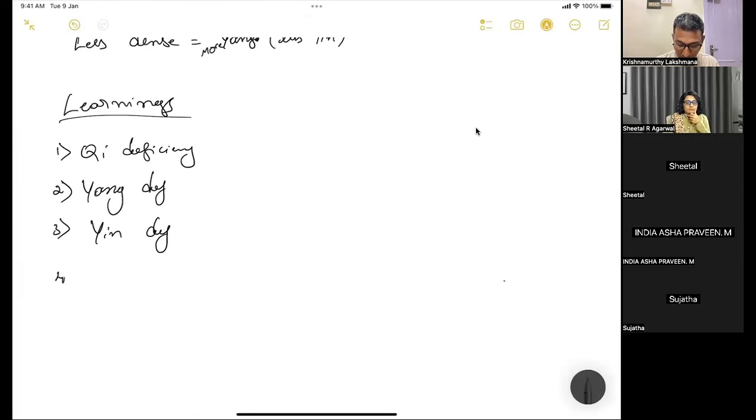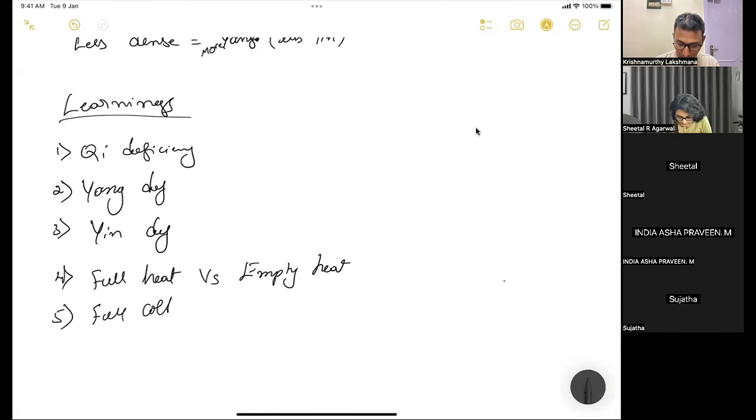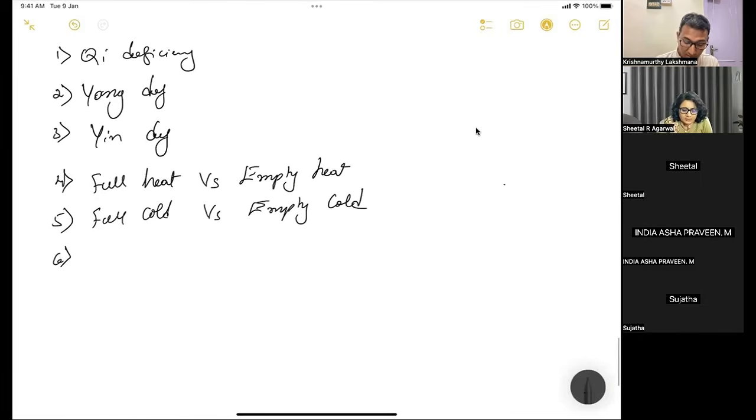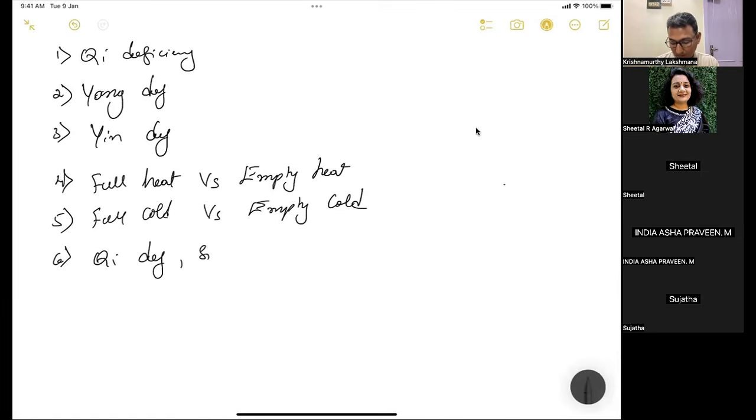We learned what is full heat versus empty heat. We understood full cold versus empty cold. What else did we learn? We learned about qi deficiency, qi sinking, and qi collapse.